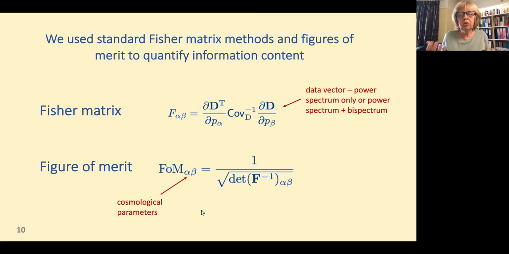The figure of merit quantifies the information that we have about a pair of cosmological parameters. And so if there are systematics present, that will reduce the figure of merit. Whereas if we can mitigate the systematics, then we can increase the figure of merit.